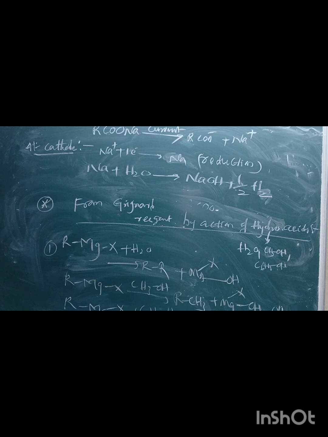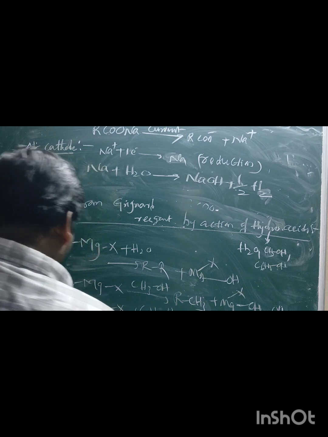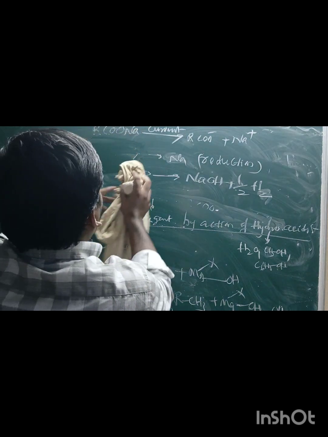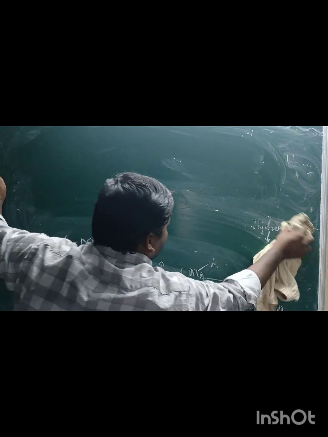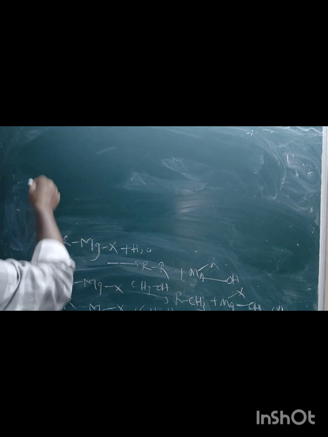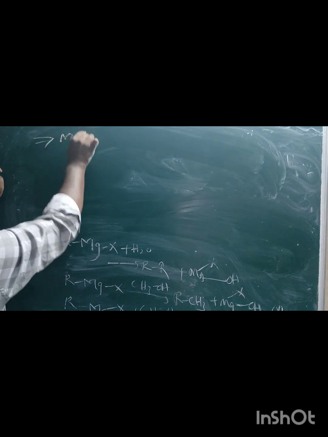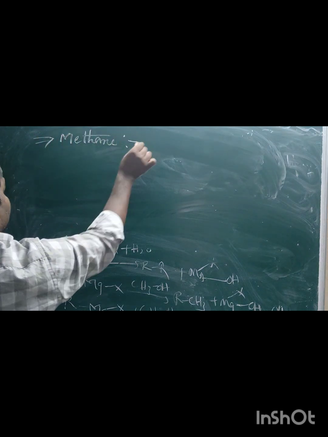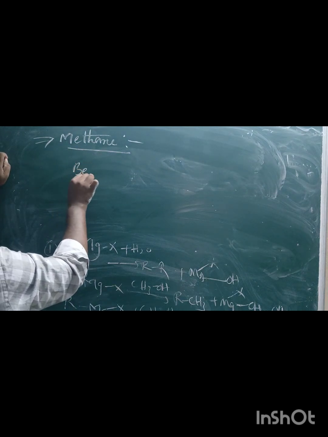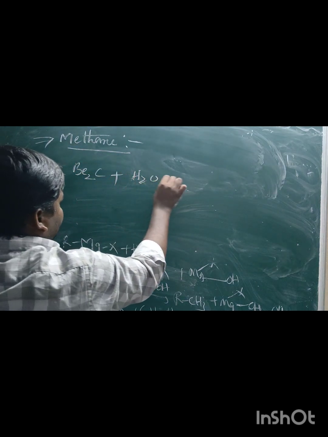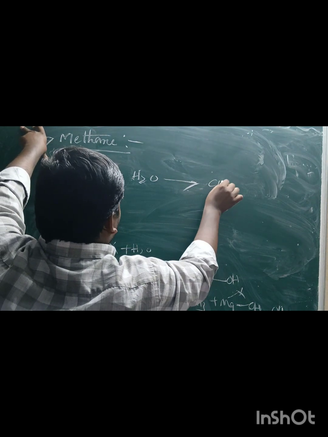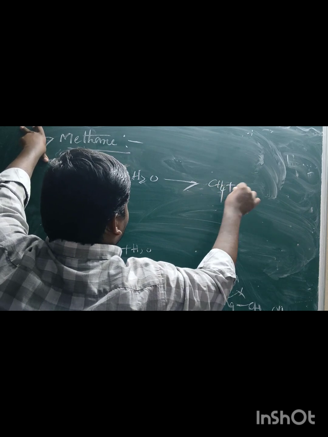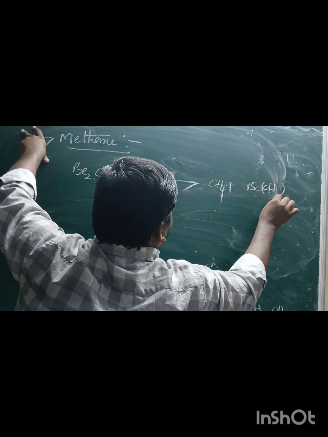And how to prepare methane? Methane can be obtained by hydrolysis of beryllium carbide or aluminum carbide. By the hydrolysis of beryllium carbide, it forms CH4 plus beryllium hydroxide.